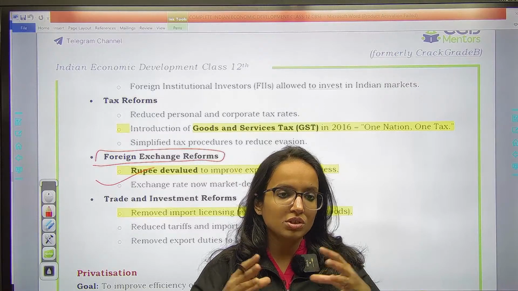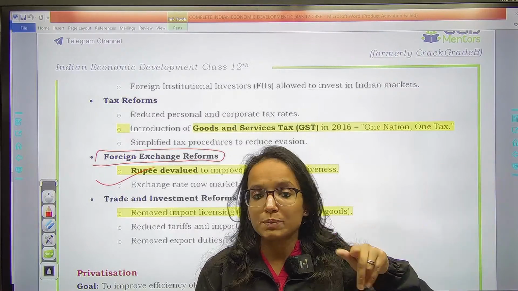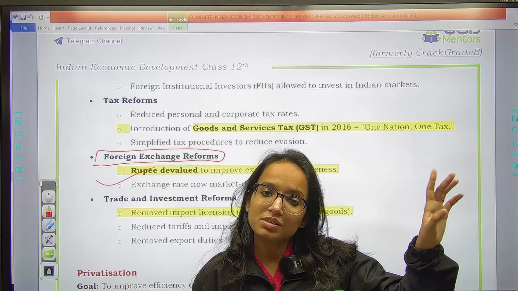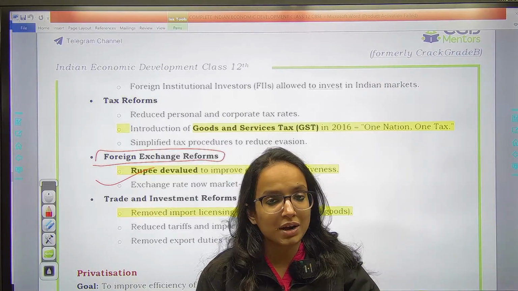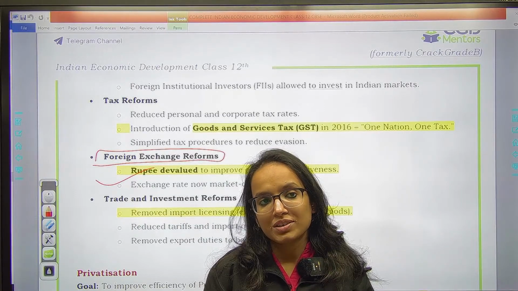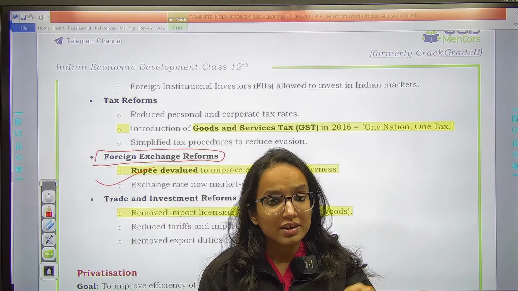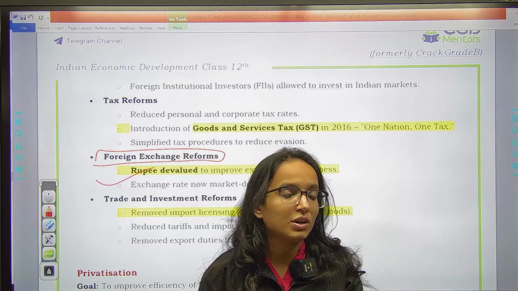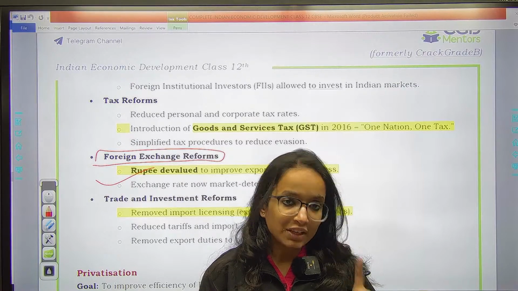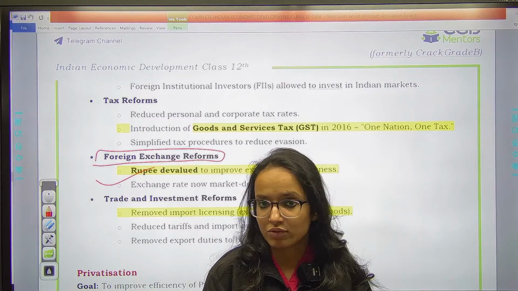So when you compare both situations, look from the exporter's side. What is an export? Someone sitting abroad is demanding, that is why you are exporting, right? That person, someone XYZ sitting in say the US, is demanding, that's why we are exporting. Now earlier that person was able to purchase, when $1 was 70, 70 rupees worth of goods and services. Now the currency has devalued, so say $1 is equal to 80 rupees. Now that person is able to buy with a dollar 80 rupees worth of goods and services.